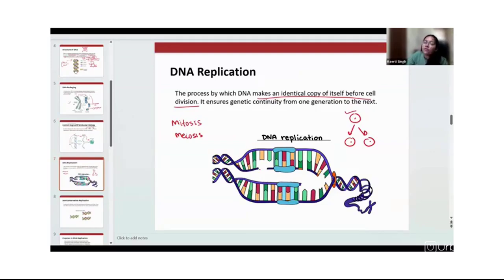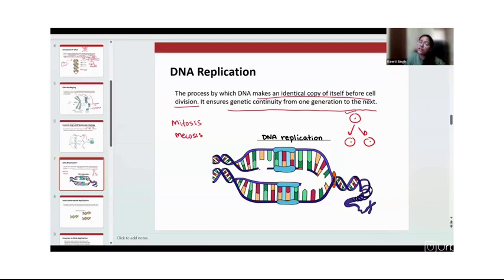Okay, this ensures what? This ensures genetic continuity from one generation to the next, right? Like humans reproduce and produce organisms of their own kind, right? We cannot see it happen that a cow gives birth to a human child.